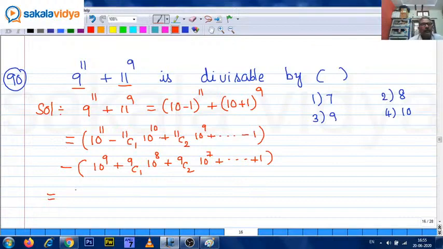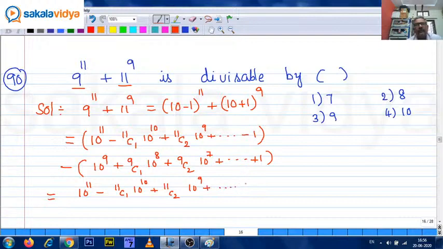Right, now this will be 10 to the power of 11 minus 11C1 10 to the power of 10 plus 11C2 10 to the power of 9 and so on.